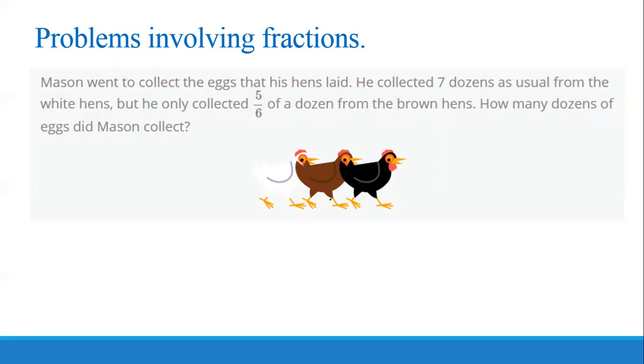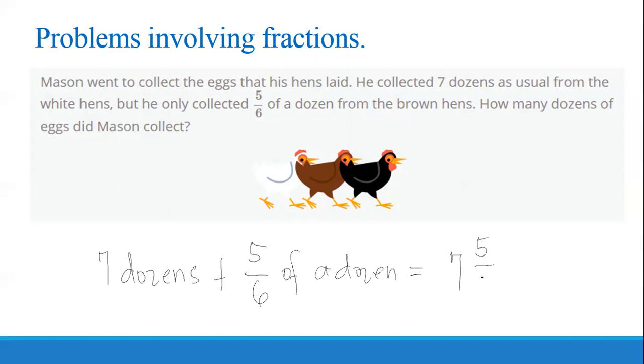Since the result is practically represented by our data, so we have here 7 dozens plus 5/6 of a dozen. This is now equal to 7 and 5/6 dozens. Okay? Naintindihan?